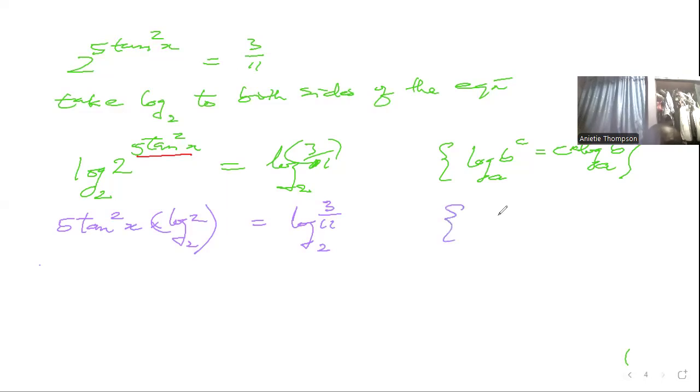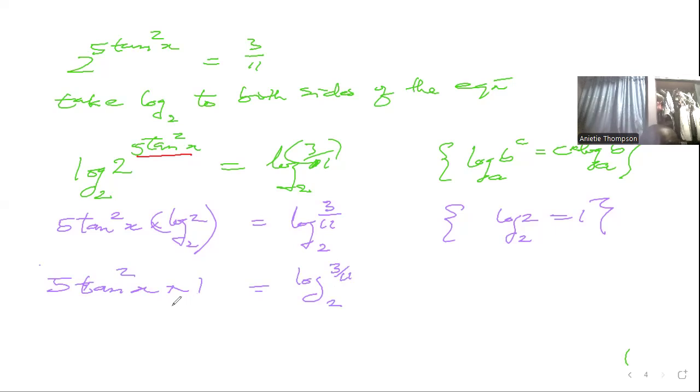Remember also that if the number and the base of the logarithm are the same, that logarithm is equal to identity 1. So this is the same thing as 5 tan squared x times 1 equals log of 3 over 11 in base 2.